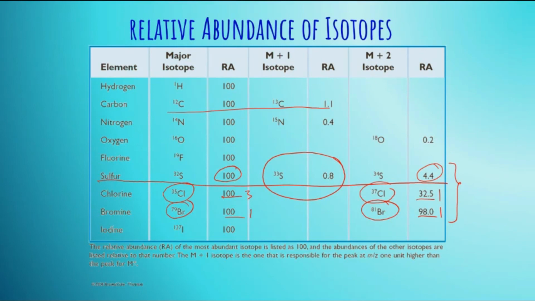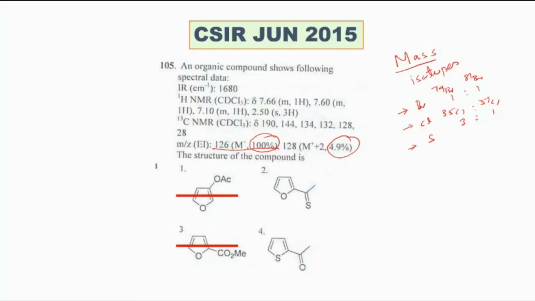So in mass spectrometry, you will have problems mainly on isotopic abundance. I'll show you problems later where you can see isotopic abundance. In this case they've shown 100% and 4.9. What does this mean? 126 and 128. So sulfur 32, sulfur 34.